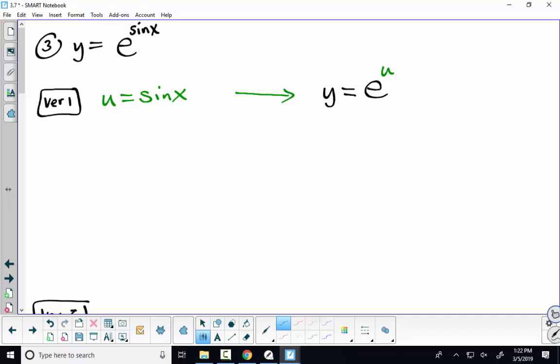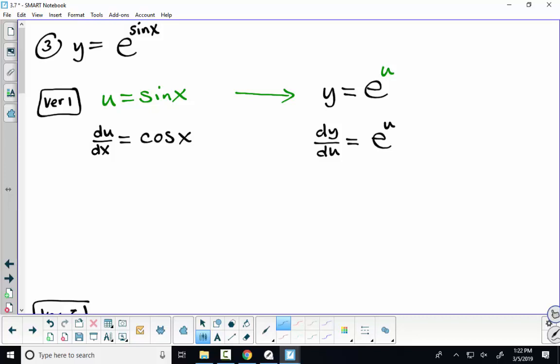So what is the derivative of u with respect to x? Cosine x. Derivative of sine is cosine. And then what's the derivative of y with respect to u? E to the u.